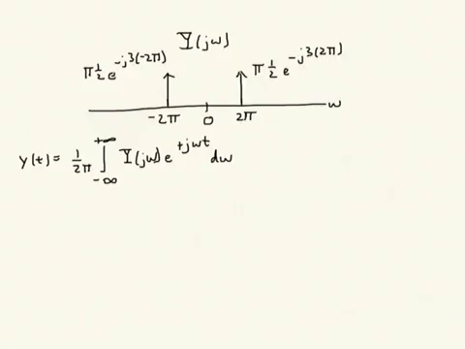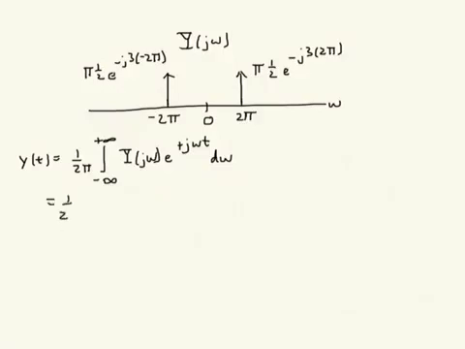So then, to solve this, we just plug into the inverse transform equation. Here's the inverse transform equation. It's 1 over 2 pi, the integral from minus infinity to plus infinity of Y of j omega e to the plus j omega t d omega. Okay, we can substitute in. We have two impulses here.